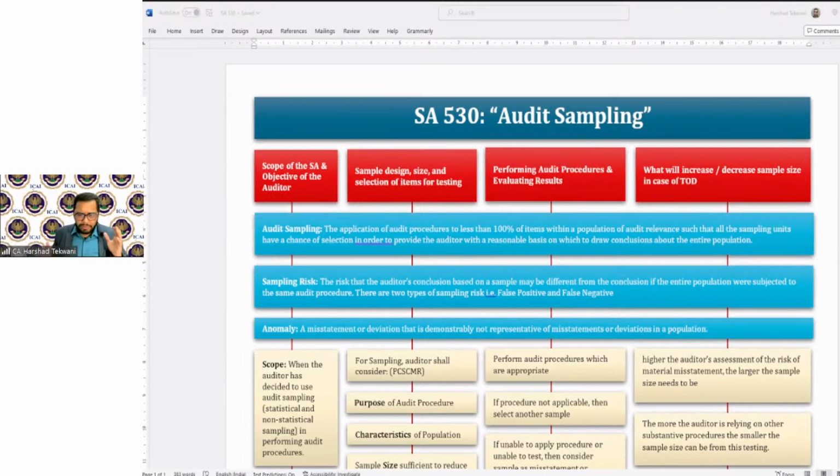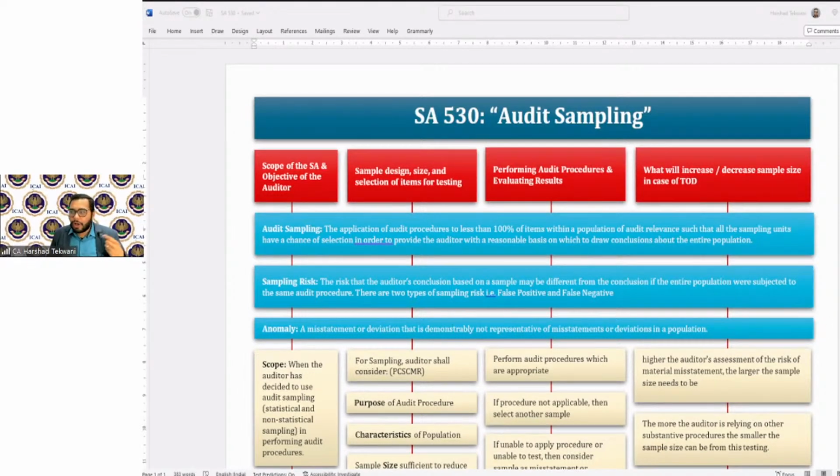There might be some risk which you need to accept, which is below the acceptable level. Because of the inherent limitation of the audit, we perform the audit on a sample basis. We select these samples, we test these samples, and accordingly we give our conclusion based on the conclusion of the samples.